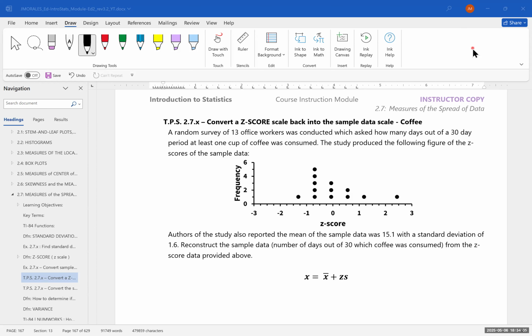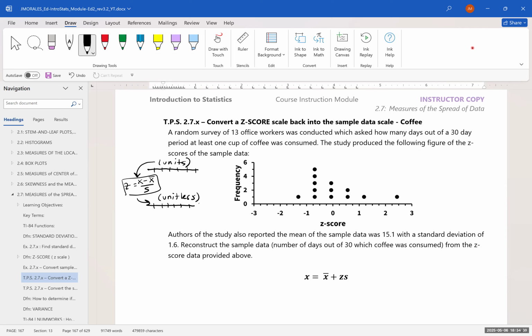Okay, so remember that if we have a scale in certain units and we want to convert that to a z-scale, which is unitless, then we can use this equation, z equals x minus x bar over s, to go in this direction.